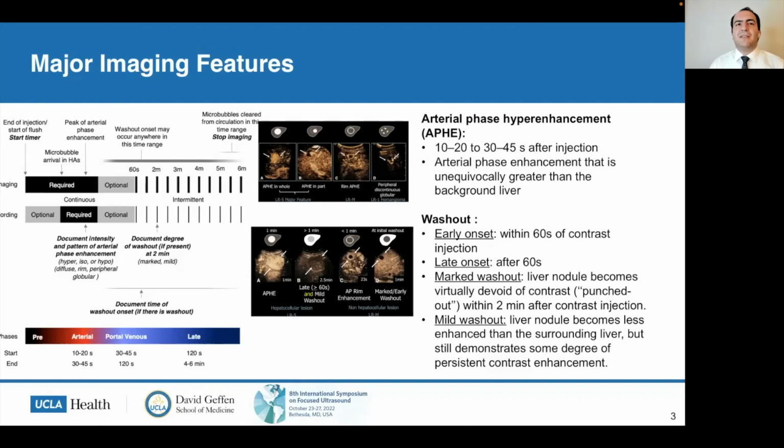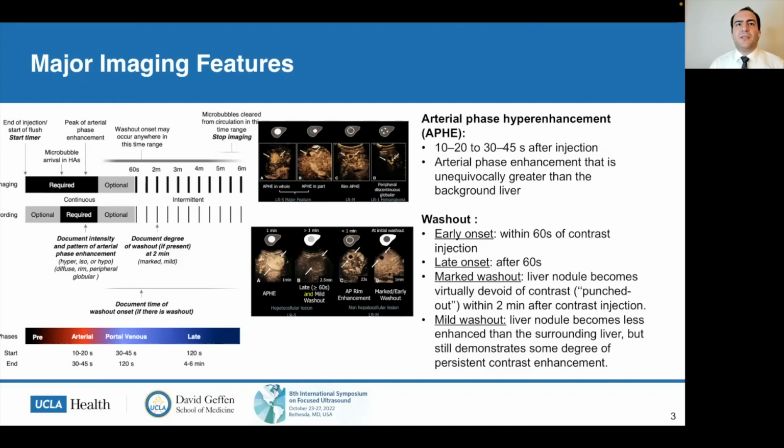There are several phases for a CEUS study, and the most important ones are the arterial and portal venous phases. The arterial phase starts 10 to 20 seconds after injection and ends at 30 to 40 seconds. After the arterial phase, the portal venous phase starts.